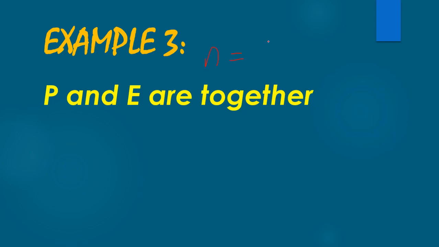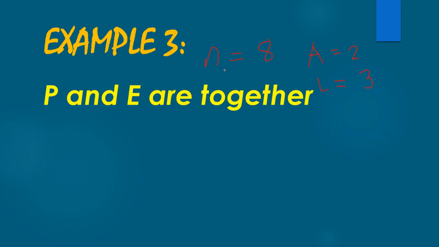And then we have 2 A's, so n sub 1 is equal to 2. And then we have 3 letter L's. And for our P and R, they are repeated once, so we disregard that.